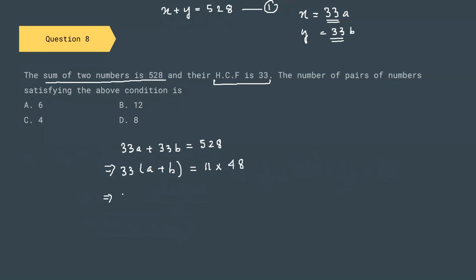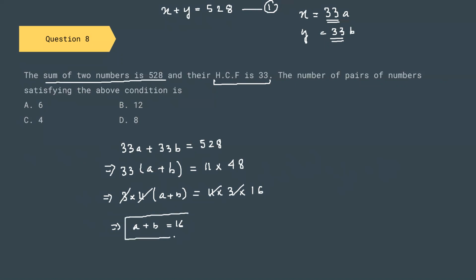So in the next step, we can write 3 into 11, a plus b equal to 11 into 3 into 16. So 3, 3, 11, 11 cancel. So a plus b equal to 16.